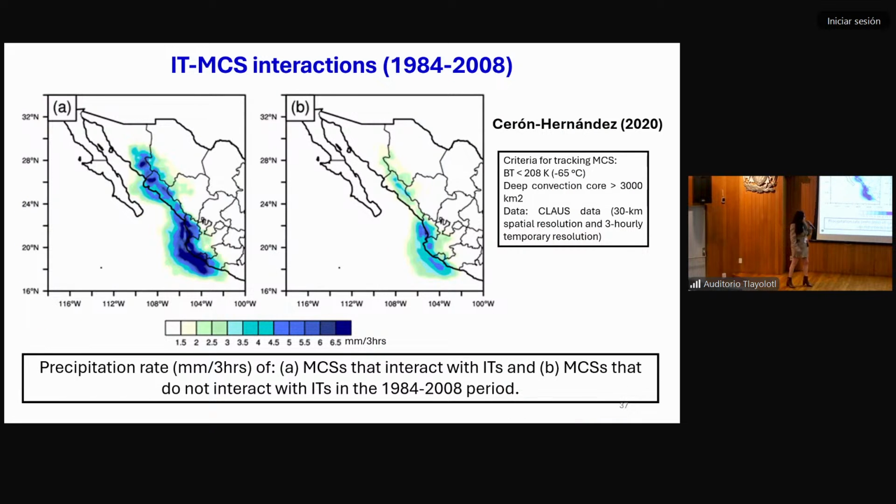And we also found that the mesoscale convective systems that interact with inverted troughs produce intense precipitation rates. You can see here more precipitation events when compared to the mesoscale convective systems that don't interact with inverted troughs.